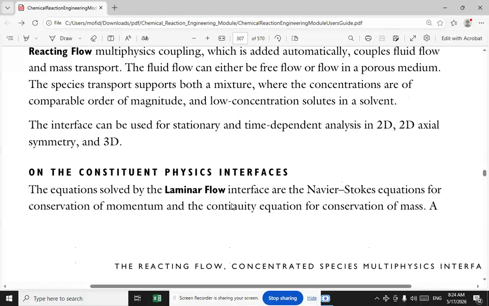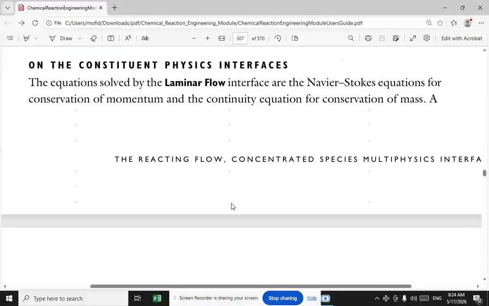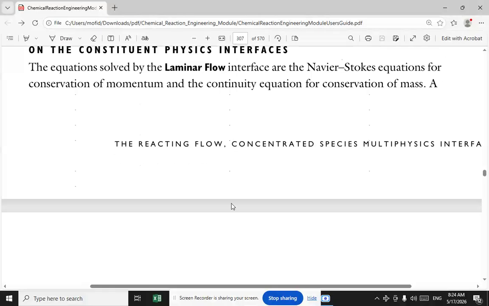The interface can be used for stationary and time-dependent analysis in two-dimensional, axisymmetric, and three dimensions. On the constituent physics interfaces, the equations solved by the laminar flow interface are the Navier-Stokes equations for conservation of momentum and the continuity equation for the conservation of mass.